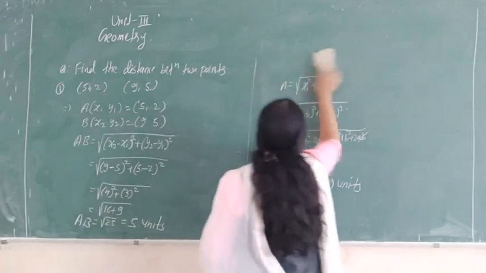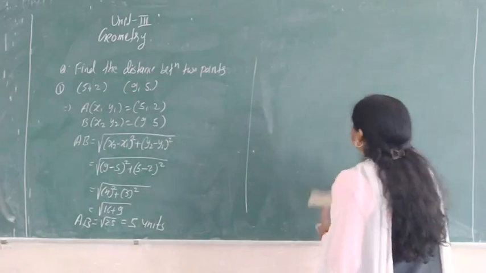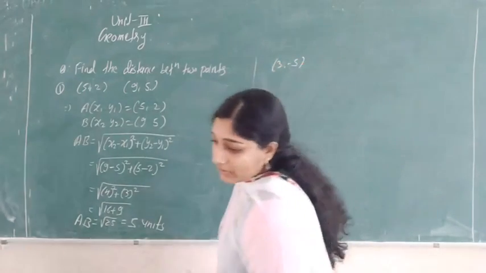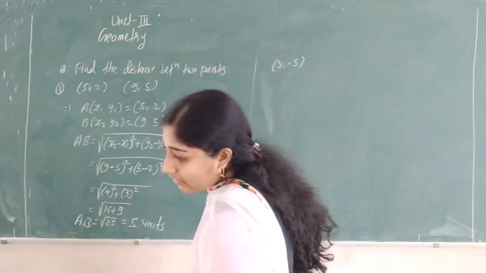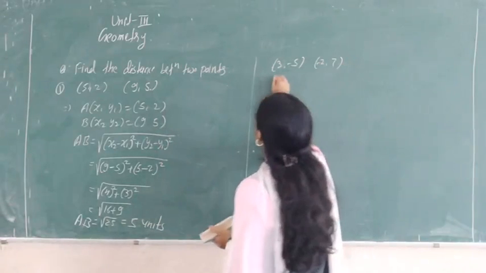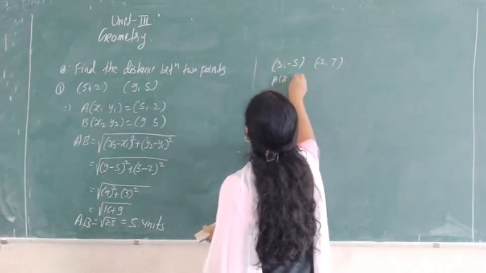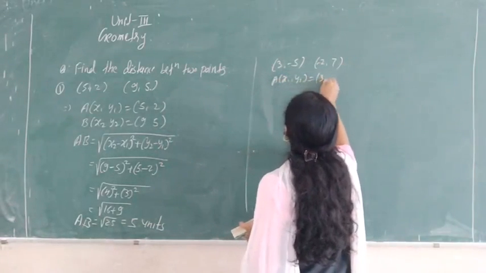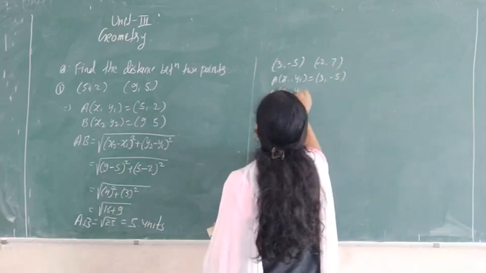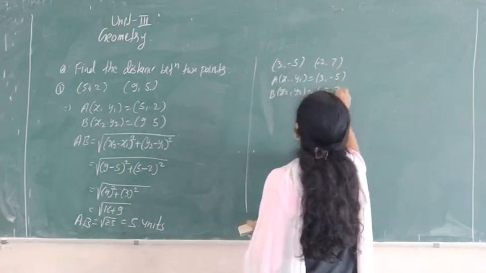Similarly, we are having the next one: (3, minus 5) and (minus 2, 7). So again denote A of (x1, y1) is (3, minus 5) and B of (x2, y2) is (minus 2, 7).